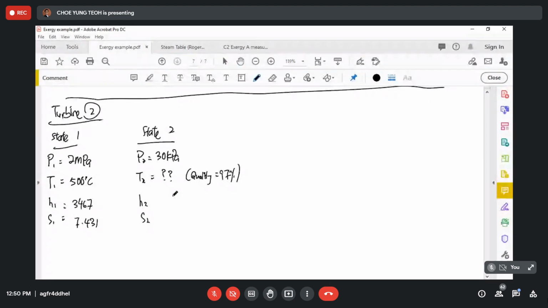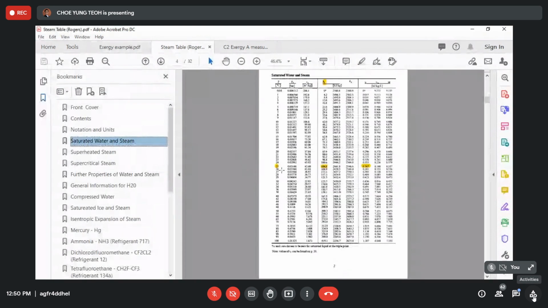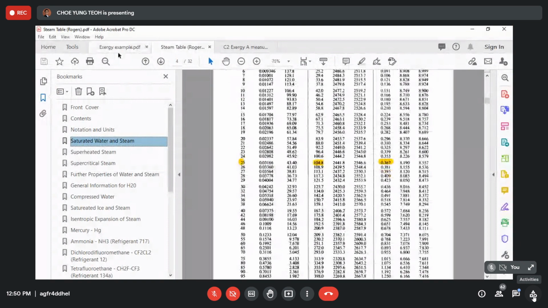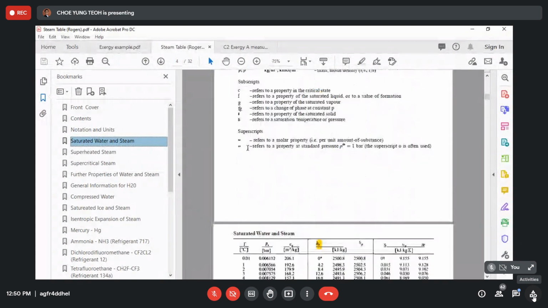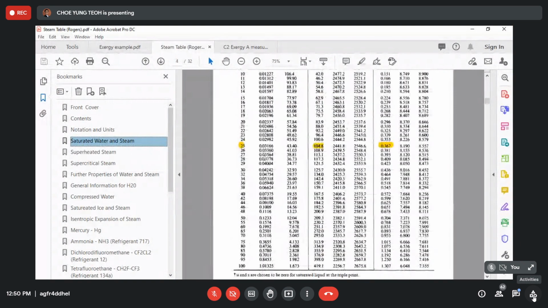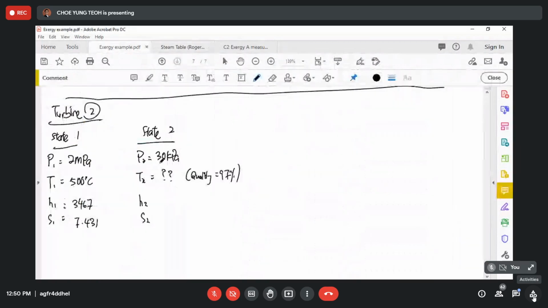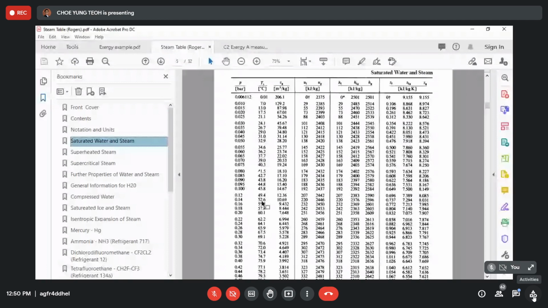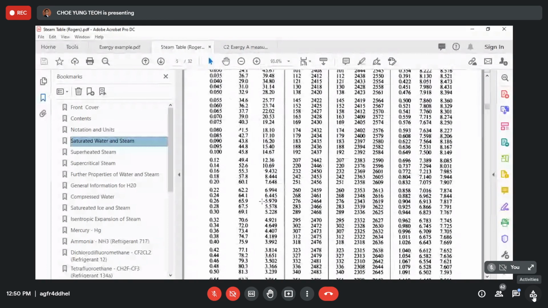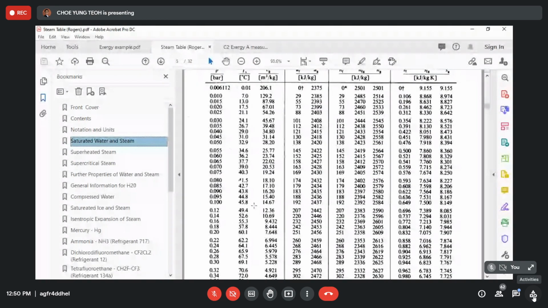For state 2, because the quality is 0.97, it means it's not yet 100% converted to steam. So we have to refer to the saturated table. I don't know the temperature, so I refer to the pressure table. The pressure is 30 kilopascal, which is 0.3 bar. So 0.3 bar is over here.